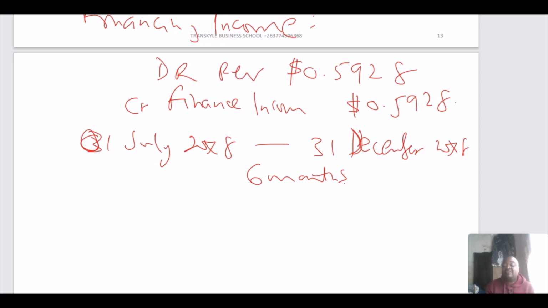All right, but like I said, revenue is recognized immediately. But the finance income then has to be prorated. So the finance income for 2008 should be the half, not the full amount of 0.5928. We only have to recognize half.